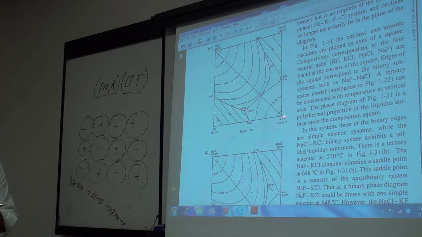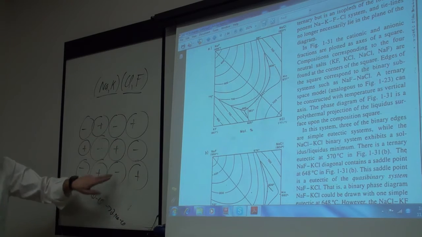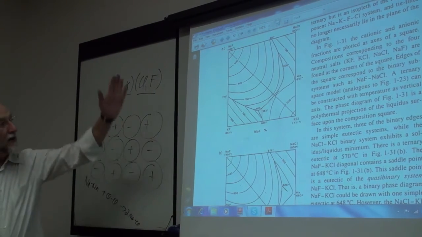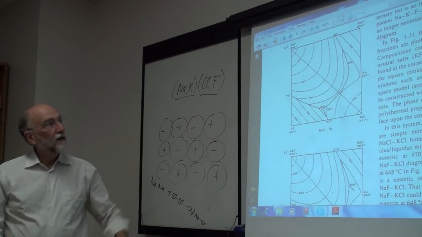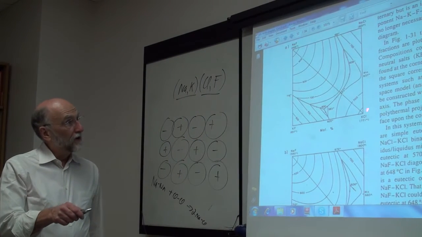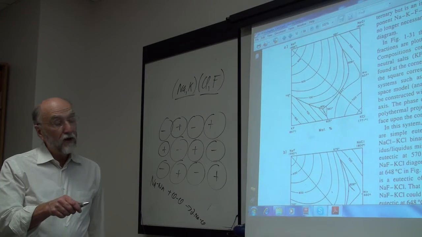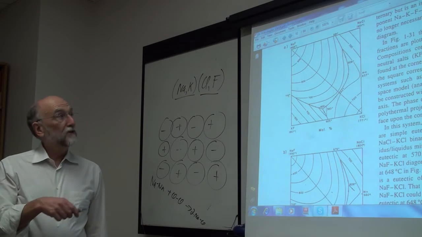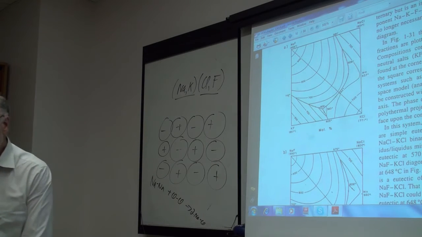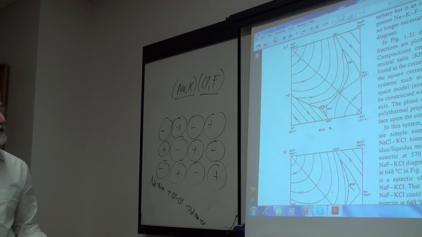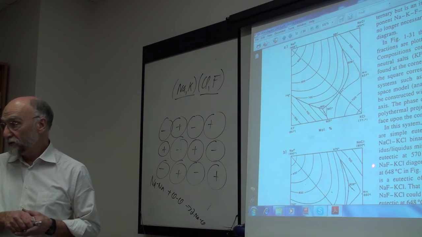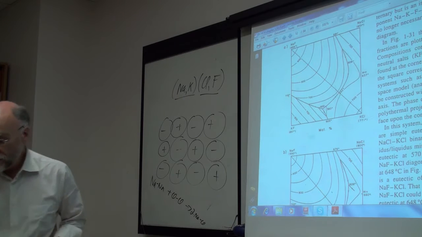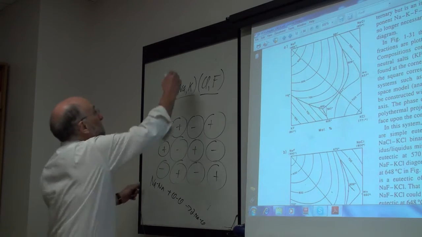So the x-axis is the mole fraction of chlorine on the negative ion lattice, and the vertical axis is the mole fraction of sodium on the positive lattice. Although you have 4 salts, you only need 2 composition variables. So thermodynamically it's a ternary system. The number of components is equal to 3, because the number of sodium plus potassium must always equal the number of fluorine plus chlorine.